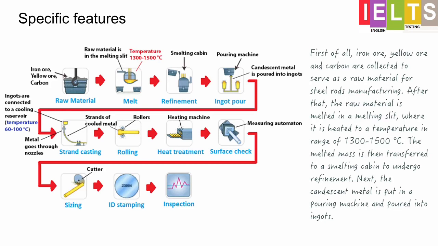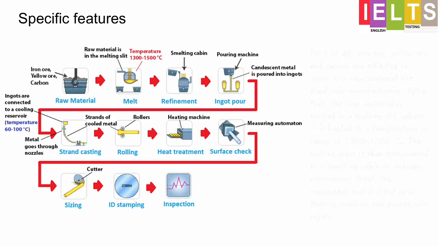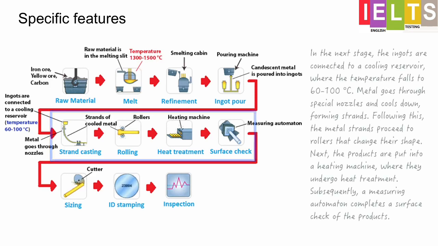I hope that now you get an idea of how to describe the process stage by stage. So let's move on to the second paragraph that describes the next 4 stages. Here's how I wrote it. In the next stage, the ingots are connected to a cooling reservoir, where the temperature falls to 60–100 degrees Celsius.